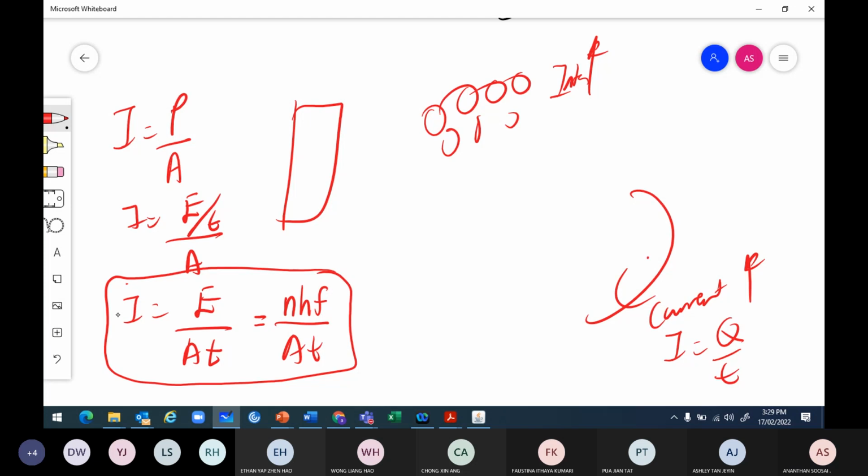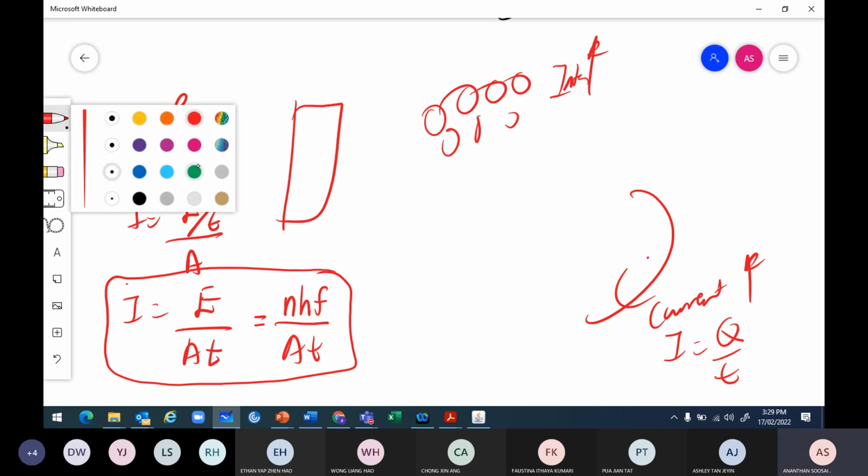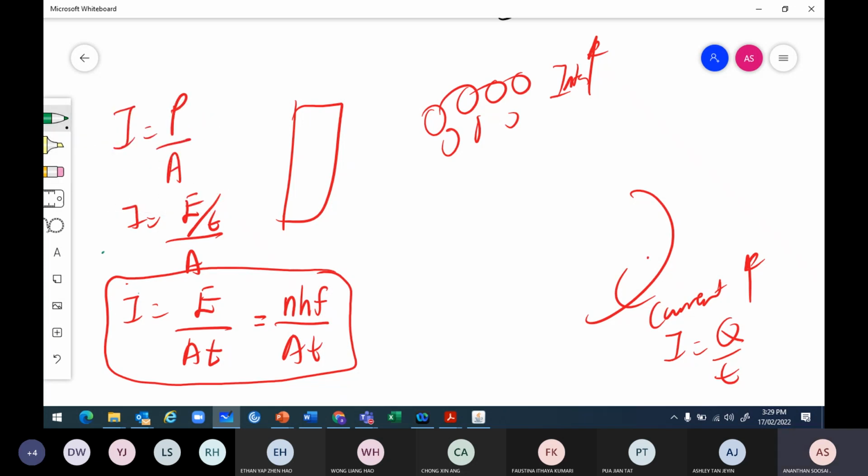Look at this equation. When intensity rises, h never changes, it is constant. Frequency, we fix the frequency, maybe the violet light frequency is fixed. Area of the surface is fixed. What happened to the n? The focus is n.